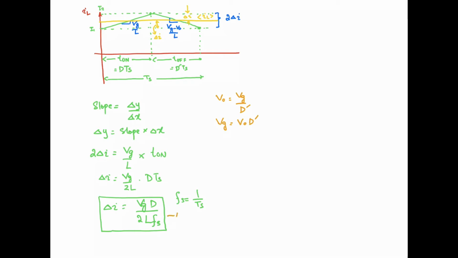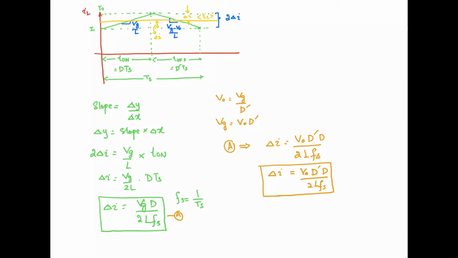If I call it equation A, then from equation A, I can write that delta I will be equal to Vg into d, and Vg is now V naught into d prime. So V naught into d prime into d divided by 2L into Fs. So delta I can now be written as given by this equation in terms of the output voltage. So you can represent the delta I in terms of the output voltage or in terms of the input voltage.